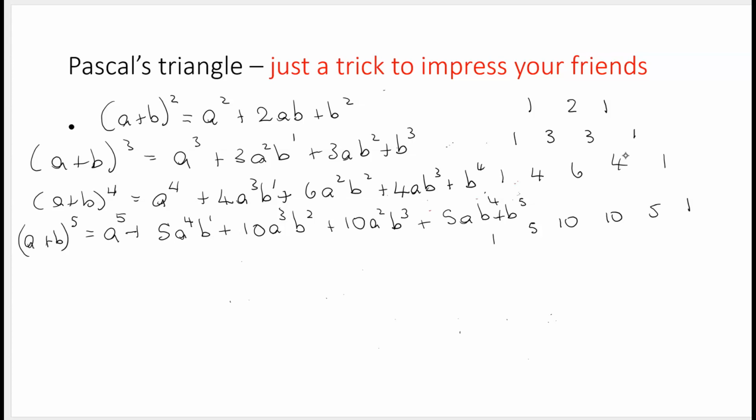Now, the other thing to look at too is the powers. Once we've sorted the coefficients, have a look at the powers of a and b. So the first one is a to the 5. Then it's a to the power of 4, b to the power of 1. So it's 4 and 1. Then 3 and 2, 2 and 3, 1 and 4, and then 5.